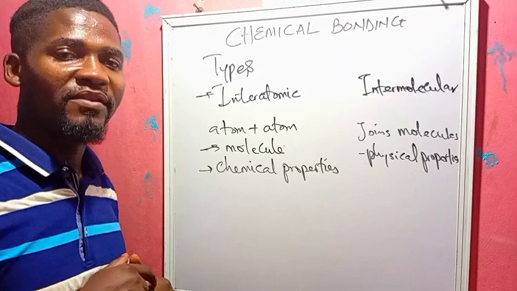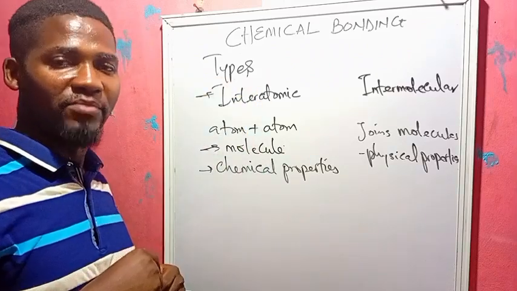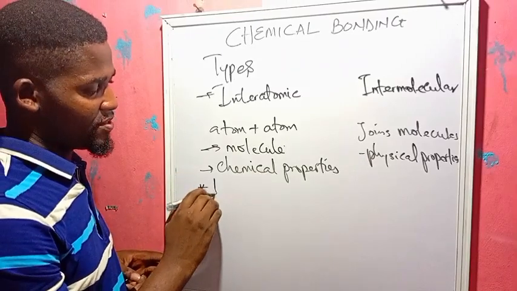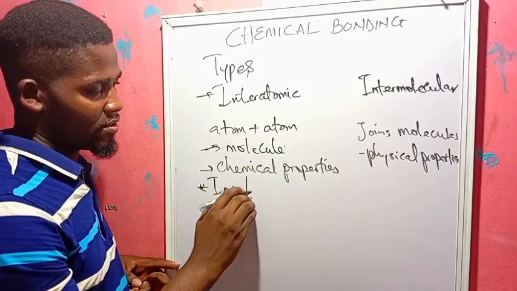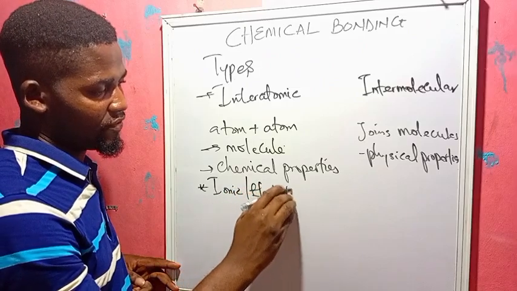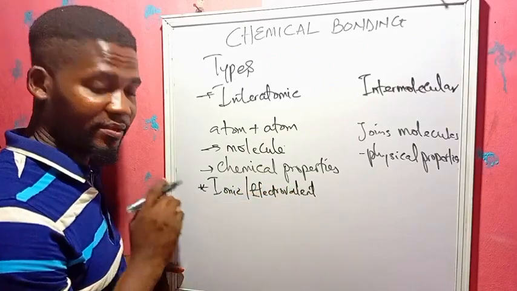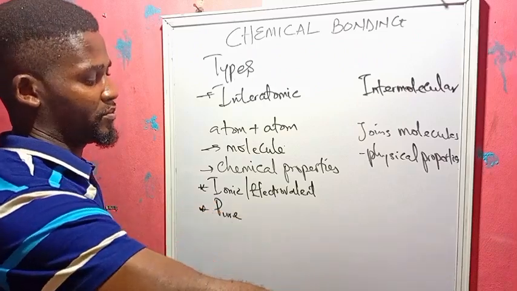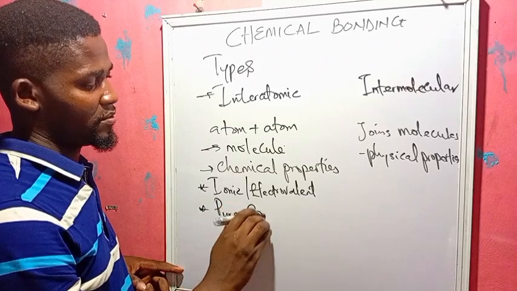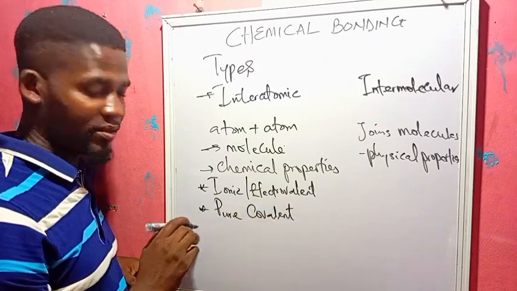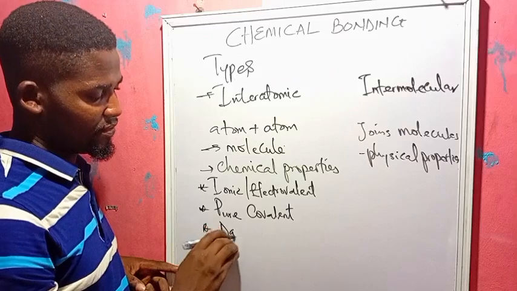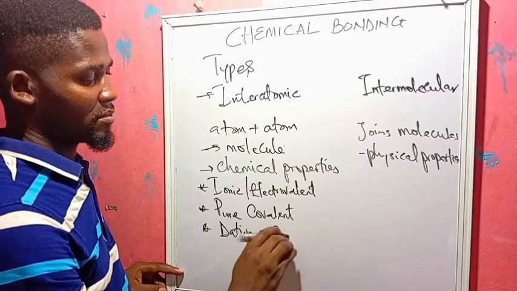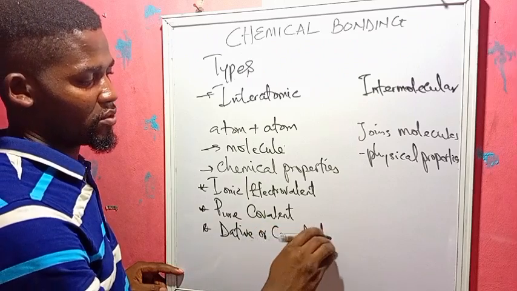Now, we have different types or groups under the interatomic bond or combination. We have the ionic or electrovalent bond. We have the pure covalent bond. We have the dative or coordinate covalent.